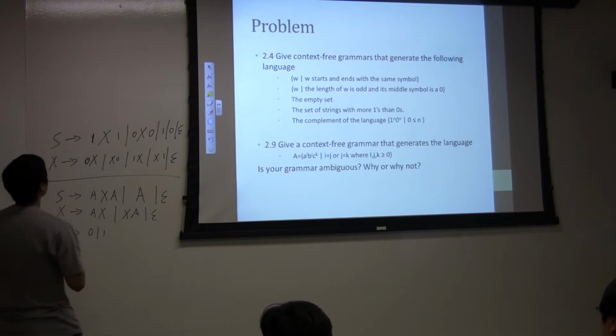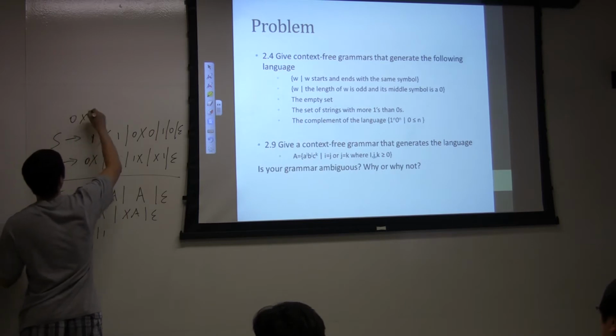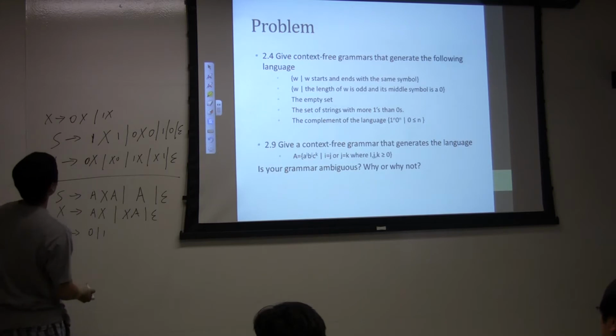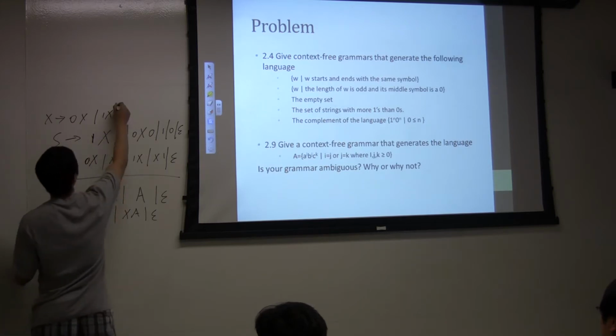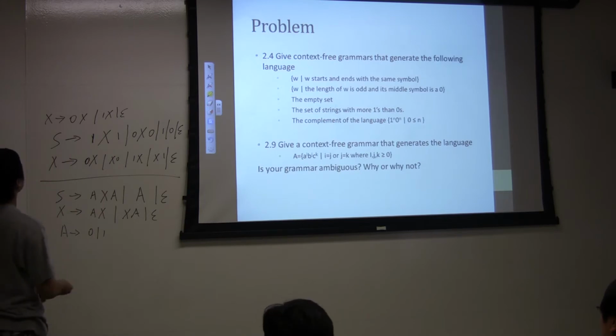Let's see. Maybe you're saying you can simply write 0X or 1X. That might be one choice. What string won't work with that? Let's see. 0, 1, 1, or... yeah, it generates arbitrary strings.